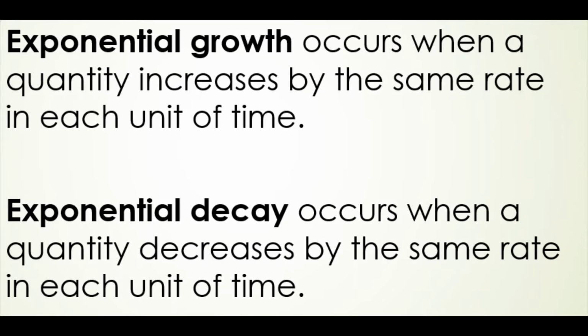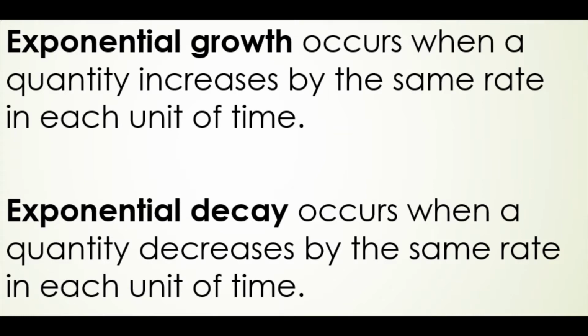Next, exponential growth occurs when a quantity increases by the same rate in each unit of time. So instead of increasing by the same absolute amount, it's now increasing by the same rate or the same percentage. And we saw lots of examples of exponential growth in the last unit on money.